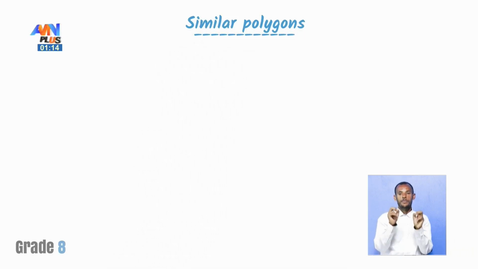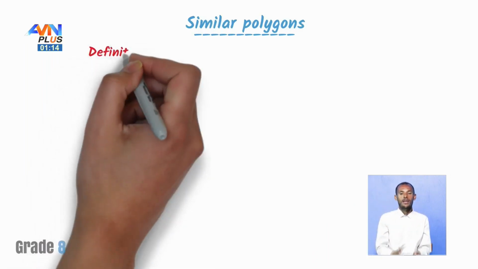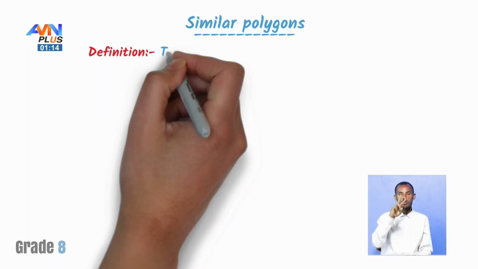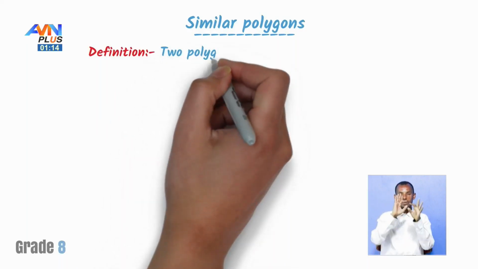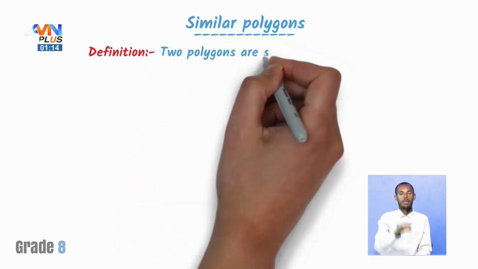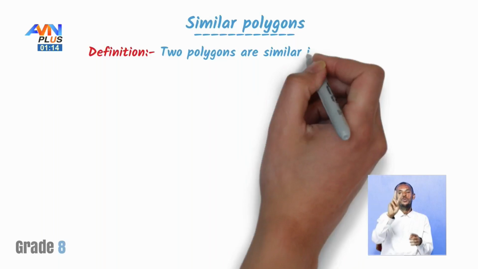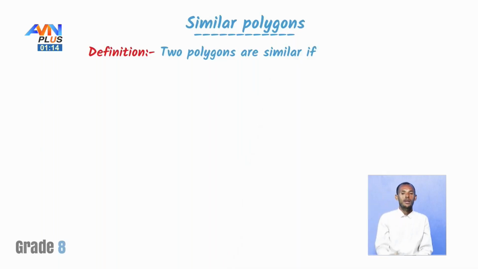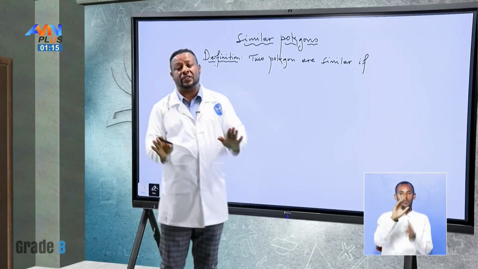If we have two polygons, we can construct a definition of similarity. Two polygons are similar if two conditions are satisfied.